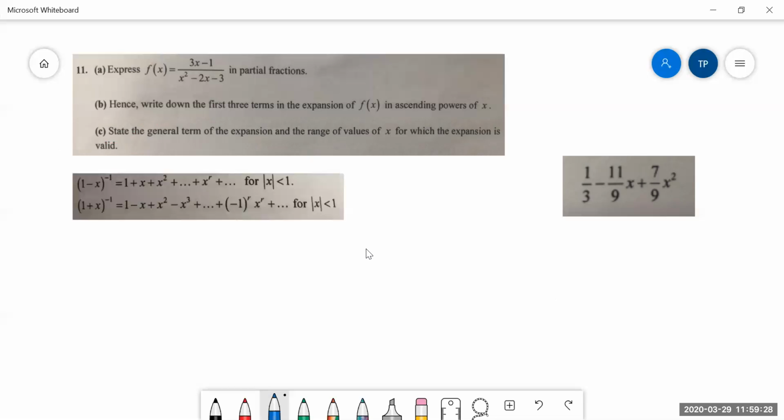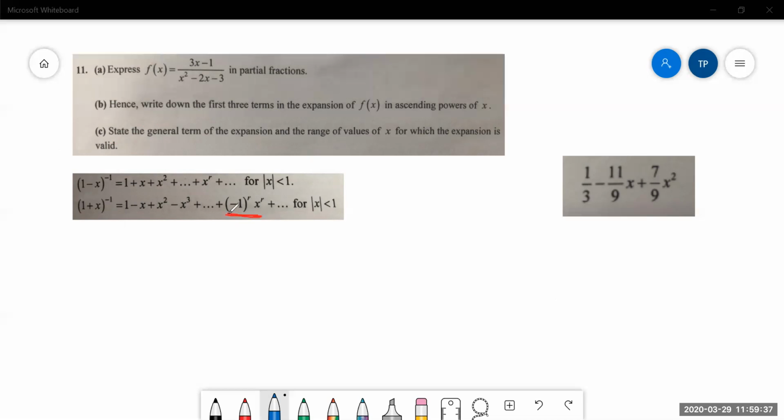Okay, so I think what your friends meant was this formula here. This is the formula that they want you to use. I don't understand why I must use it.